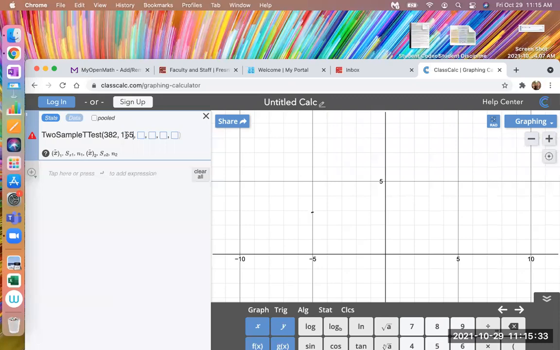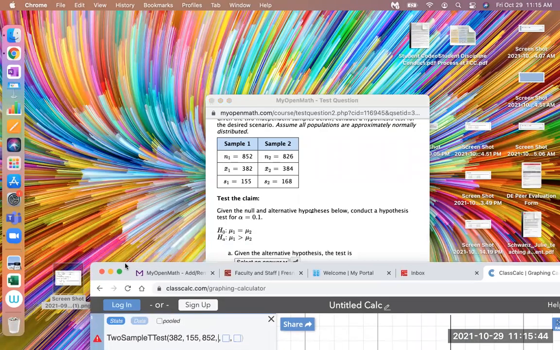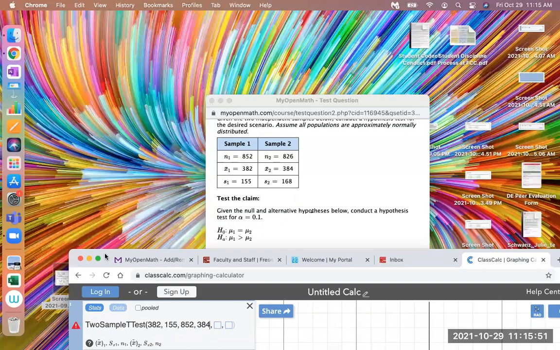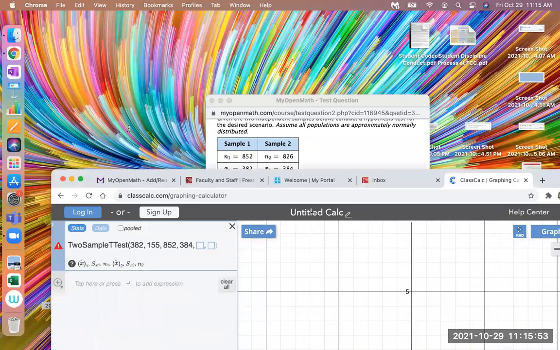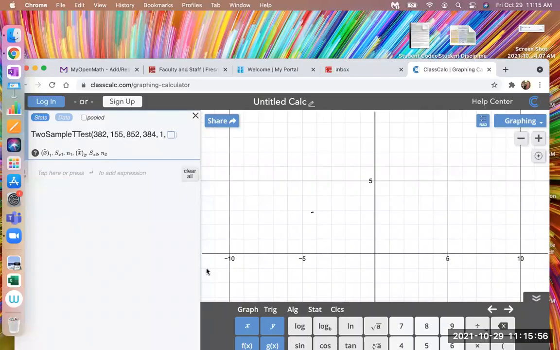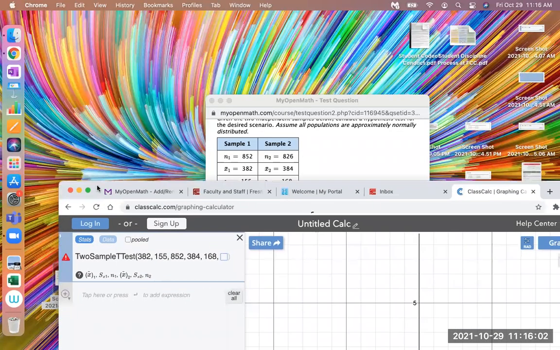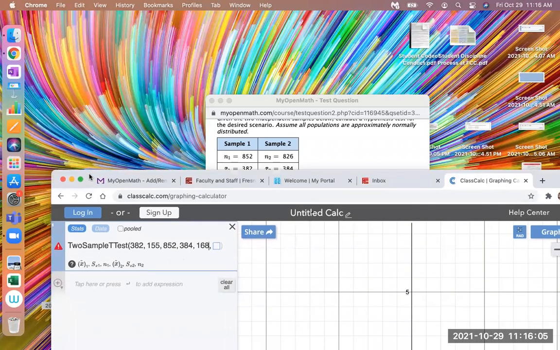It's a big sample size. Then they want the mean from the second one, which is 384. Now we're going to the second population. The standard deviation from the second one is 168, and then the number in 2 is 826.